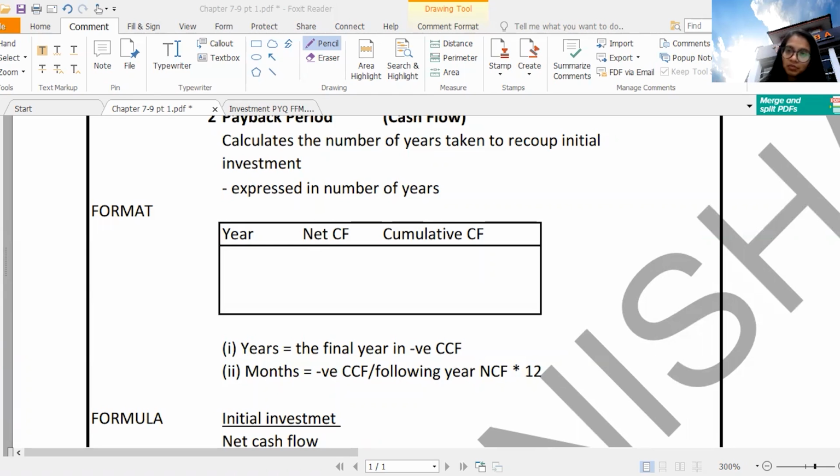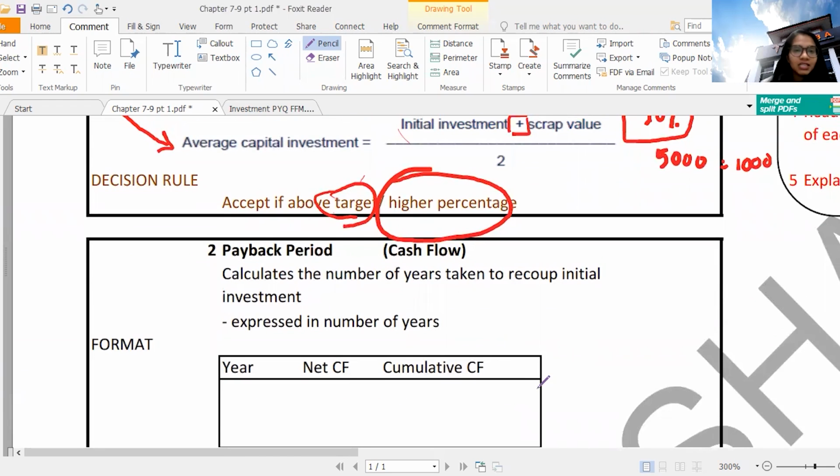So what does the payback period calculate? The payback period measures the amount of time taken for the project to recoup the initial investment. So it's calculating the number of years taken to recoup the initial investment.